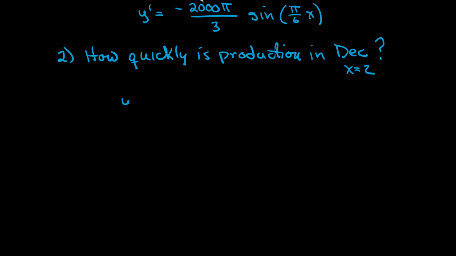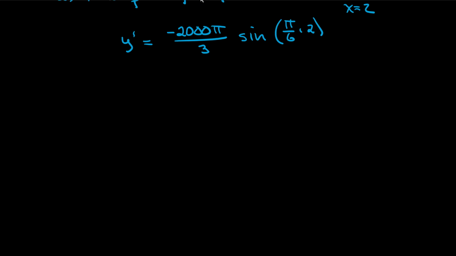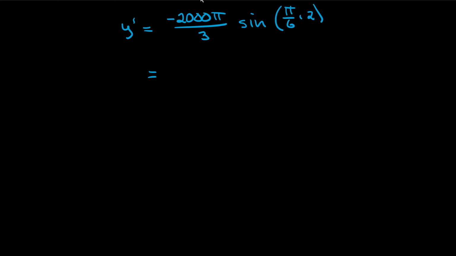So this allows us to say the derivative is equal to negative 2,000 pi over 3 times the sine of pi over 6 times 2. Well, this is equal to negative 2,000 pi over 3 times the sine of pi over 3.